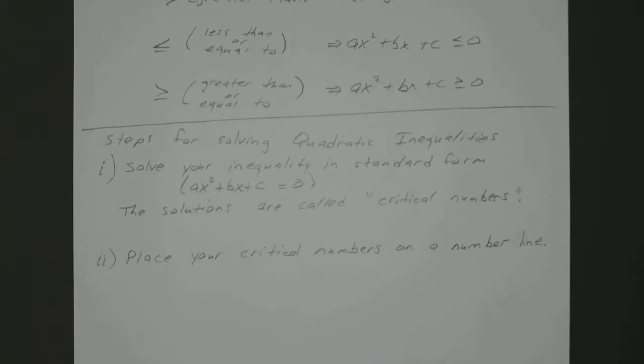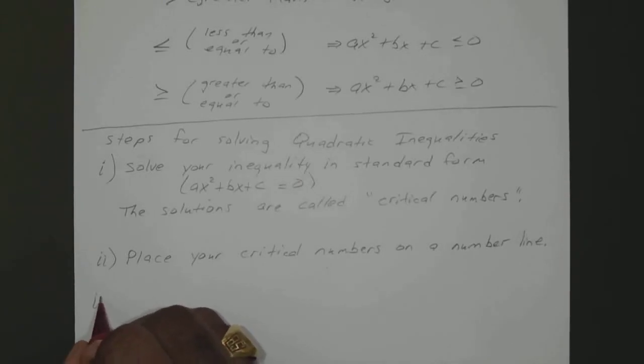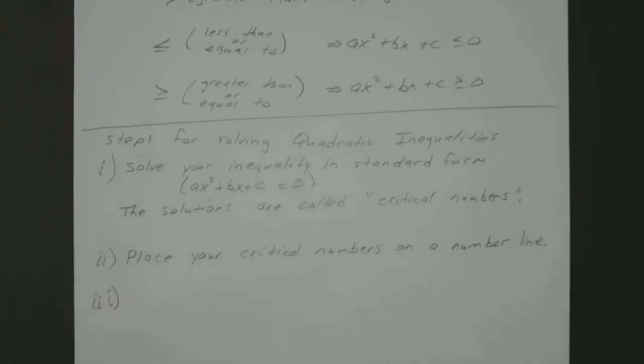Okay, so your third step is you're going to pick test values in between your critical points. And when you get those test values, you're going to plug them into your original inequality and see if it's true.